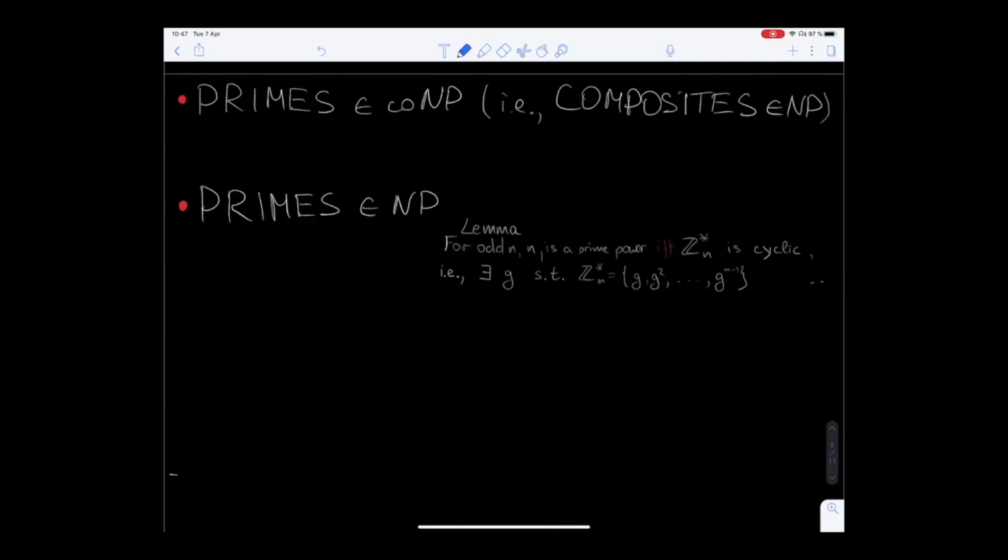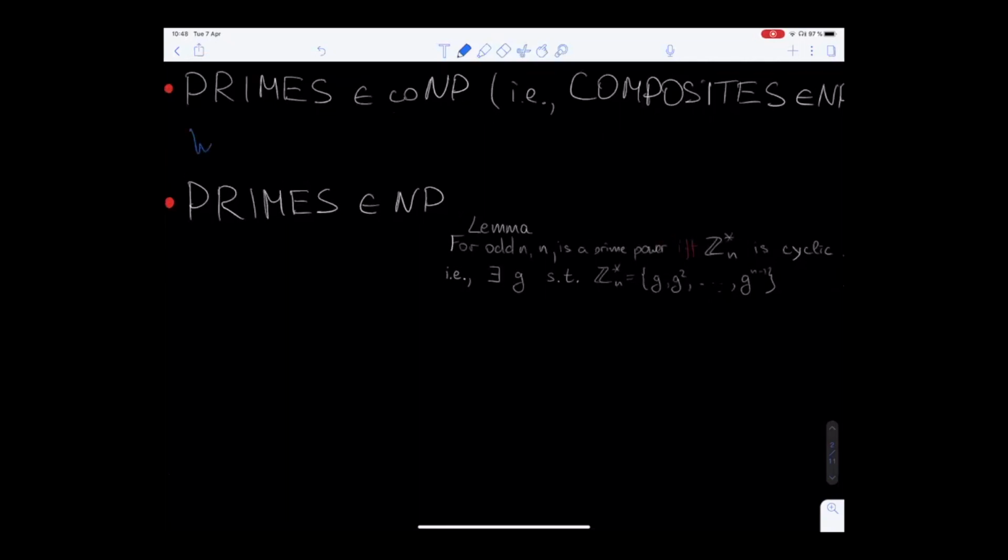Oh, cool. Thanks. Okay, so let's first check that primes are in co-NP. That is, we have an efficient certificate that would show us that a number is not prime. So whenever a number is not prime, we have an efficient certificate for that. And in this case, it's very simple. We need an efficient certificate for a number being composite.